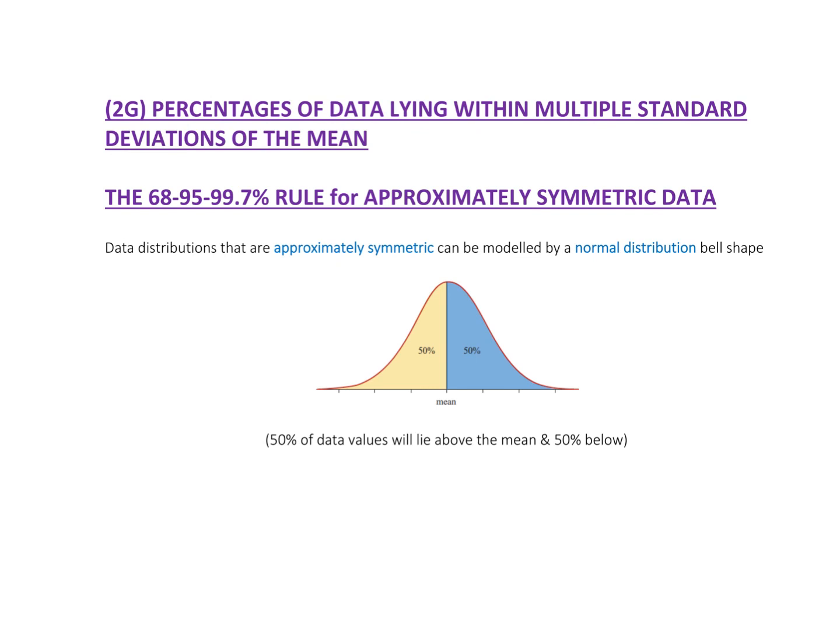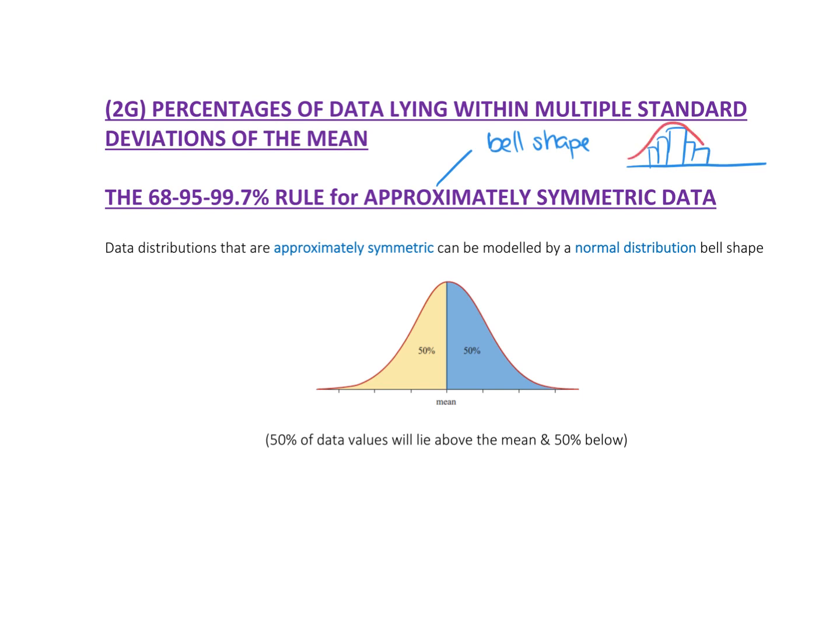It's a rule that you can use every time, but only if the data is approximately symmetric. So you're going to see that bell shape when we see the histogram, okay?